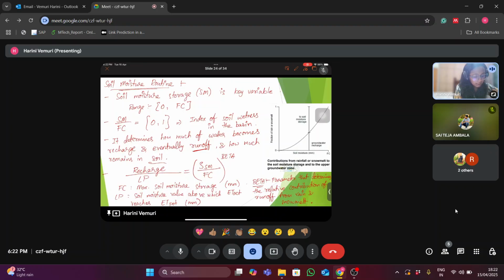As the soil moisture is increasing, the fraction of rain or snowmelt contribution to soil moisture storage is also increasing, right? And after this point, groundwater recharge is occurring. So if the soil moisture level is more than this point, then groundwater recharge will occur. And below this, there is only soil moisture storage, that is, only the top layer of the soil will have moisture stored. Okay.